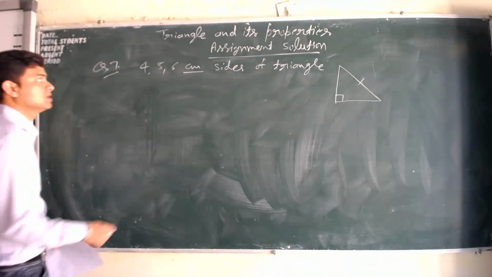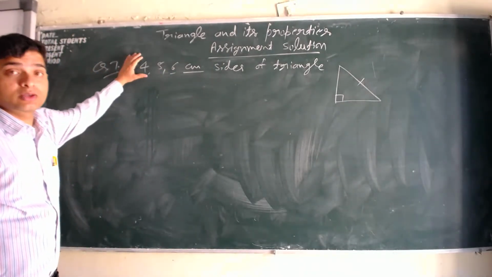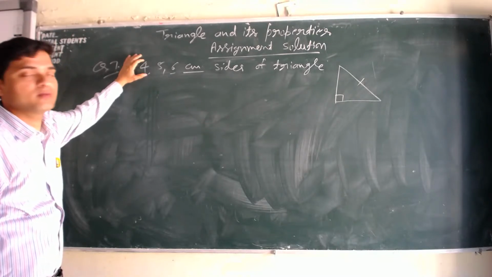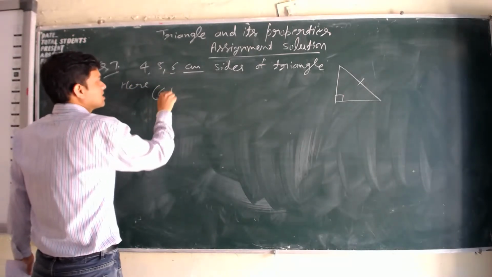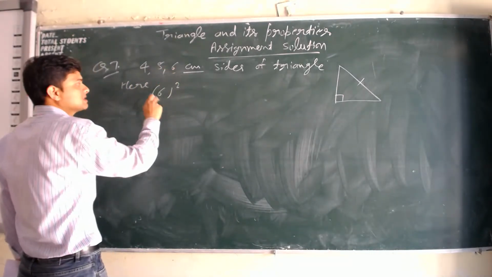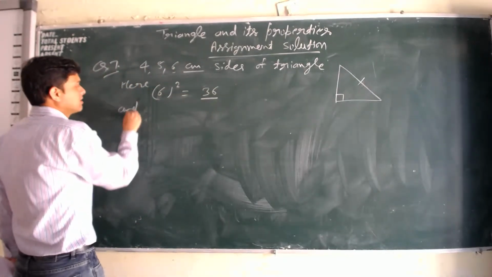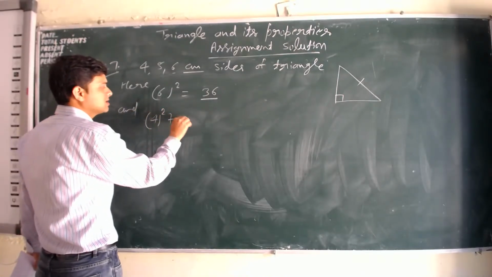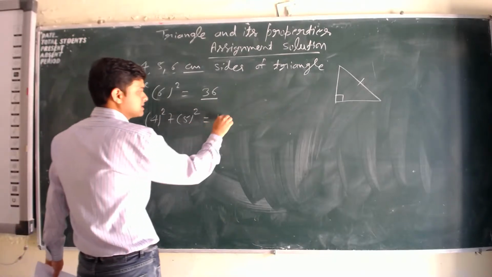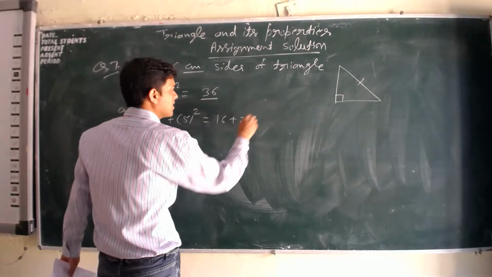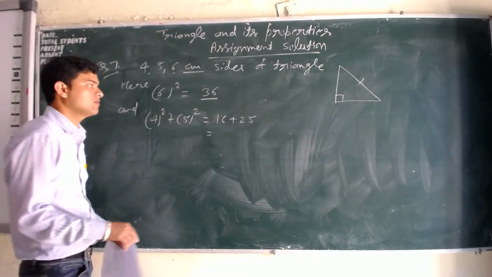According to Pythagoras theorem, the longest side square should be equal to the sum of the squares of the other 2 sides. तो हम यहाँ पर डिस्कस कर लेते हैं, 6 square, longest side is 6. 6 square is equal to 36 and 4 square plus 5 square, the other two sides square sum, is equal to 16 plus 25.